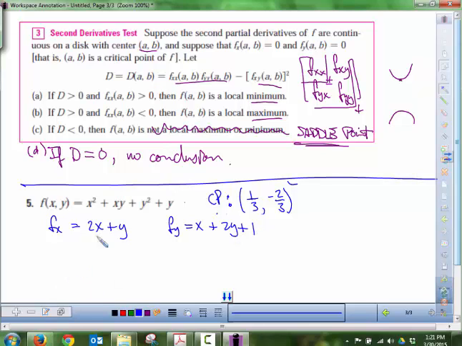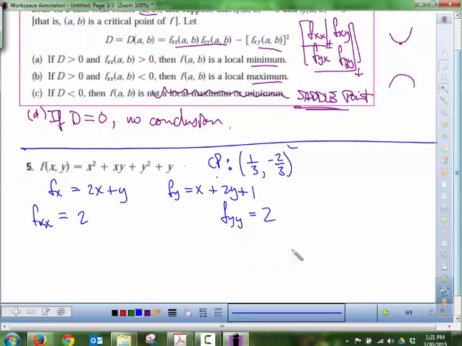And then from here we need our fxx. fxx is just 2. Our fyy is 2. Our fxy is the derivative of fx with respect to y, which is 1.